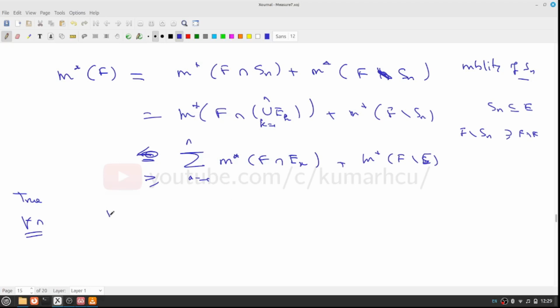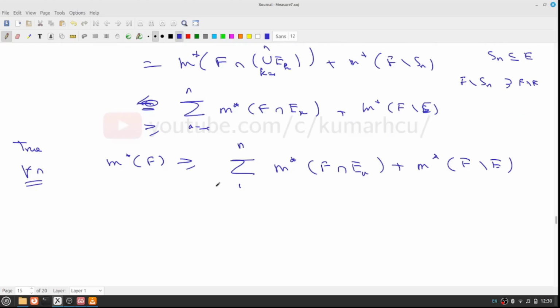So the result is m star of F is greater than or equal to the sum from 1 to n of m star of F intersection Ek plus m star of F minus E. This is true for all n, therefore m star of F is greater than or equal to the sum from 1 to infinity of m star of F intersection En plus m star of F minus E.